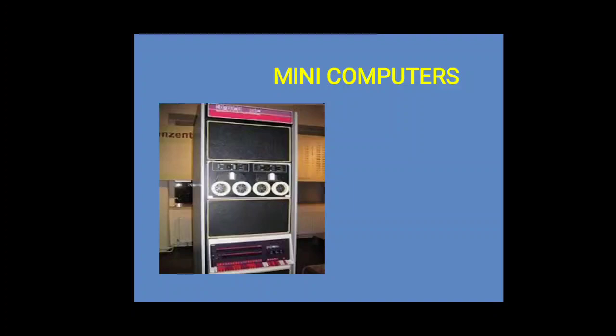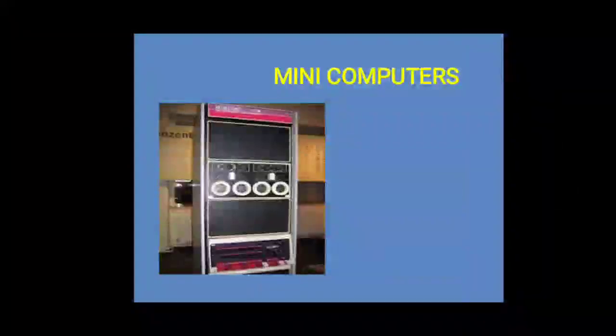Now the next heading is minicomputers. This type of minicomputer was introduced in the 1960s. The creation of integrated circuits suitable for computers enabled designers to shrink the size of the computer.